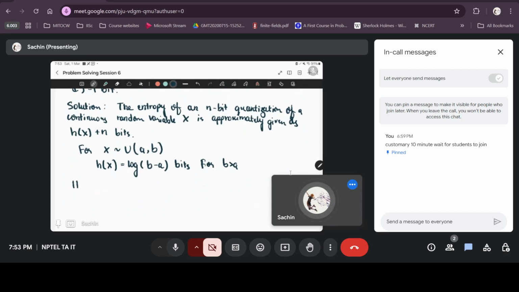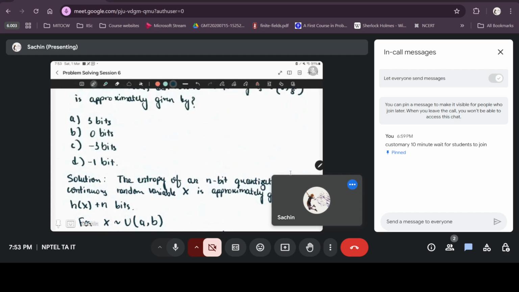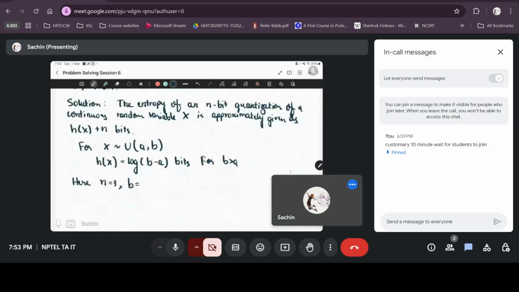So here n is equal to 3, b is equal to 1 over 8, a is equal to 0.